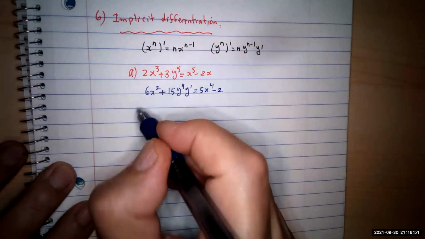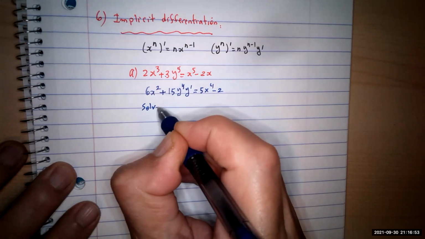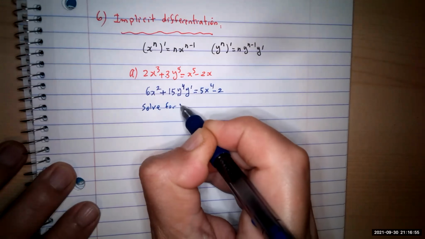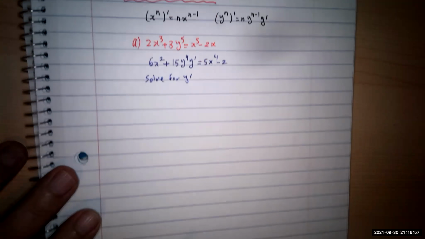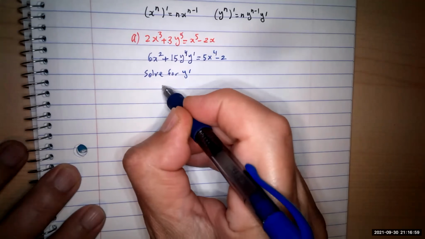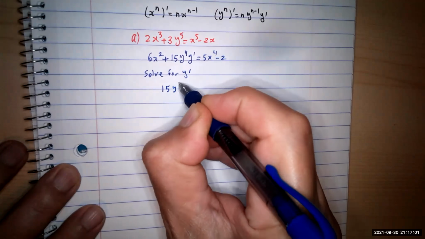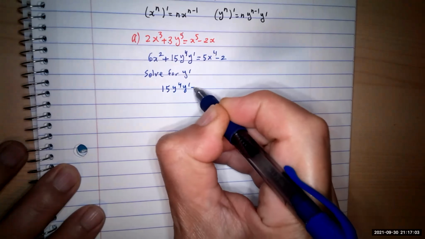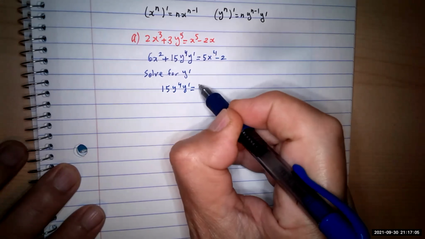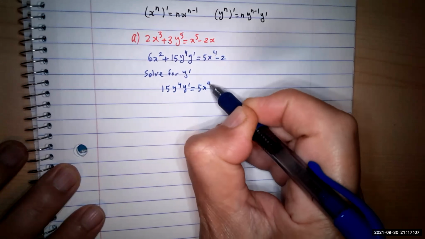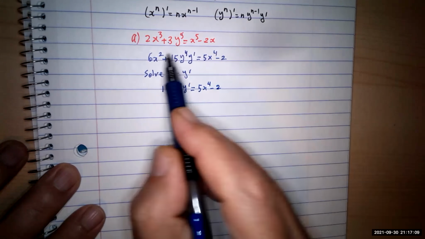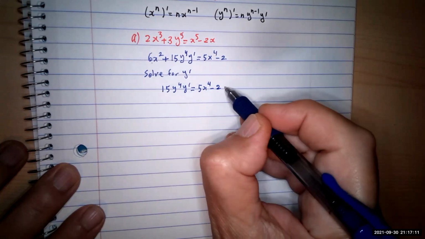Now you have to solve for y prime, which means isolate the y prime part. 15 y to the fourth y prime. Move everything else to the other side: 5x to the fourth minus 2 and minus 6x squared.